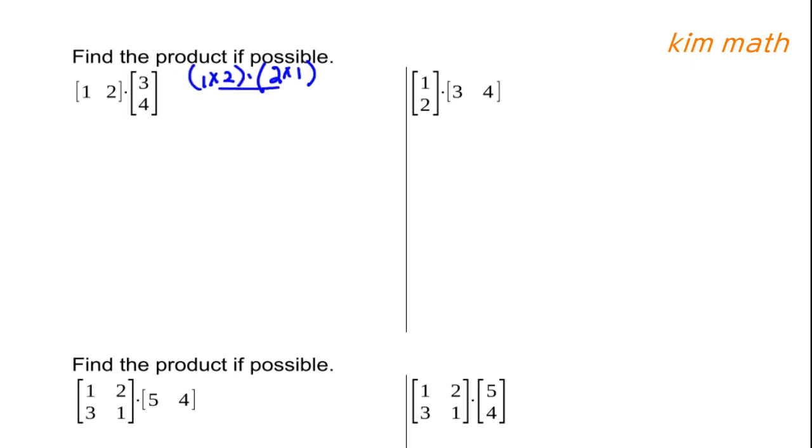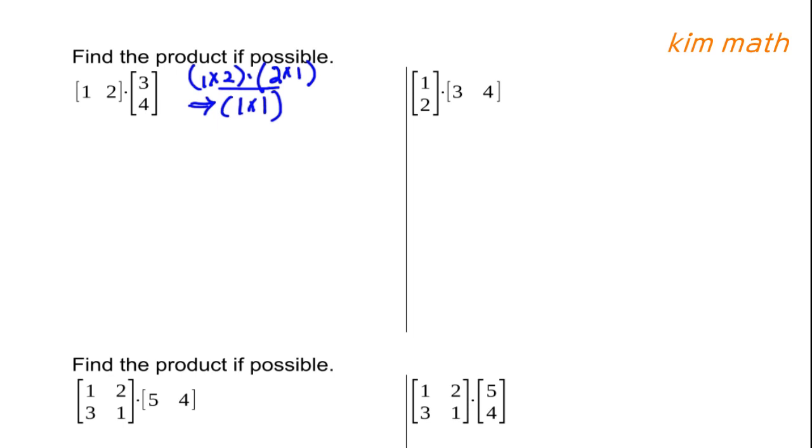Oh, they have the same number, so multiplication is possible, and the resulting matrix is a 1 by 1. Wow, 1 by 1, which means you have only one element, right?